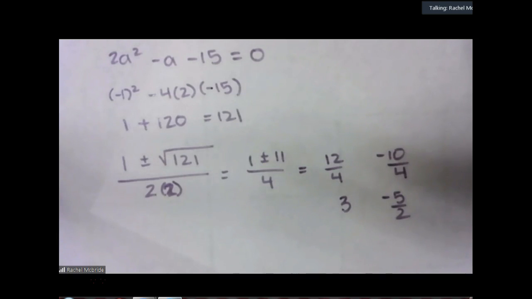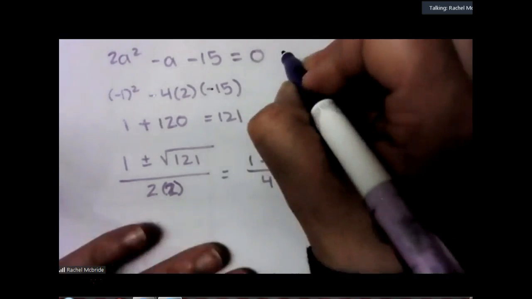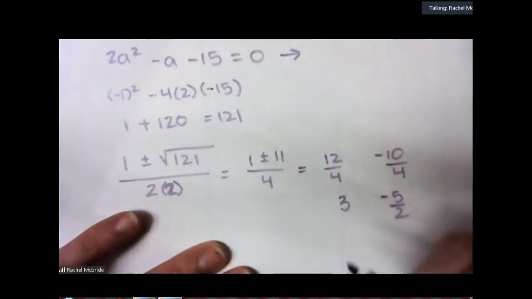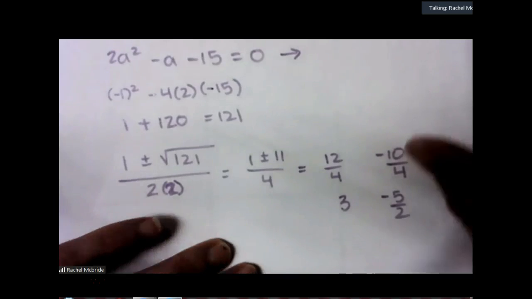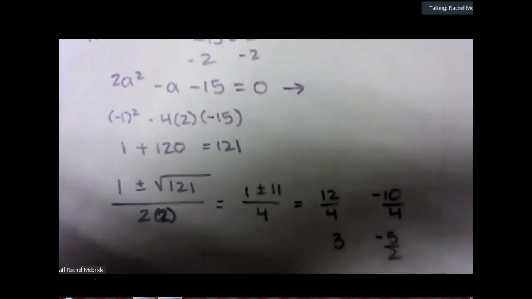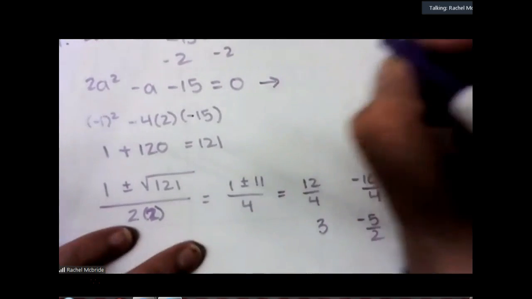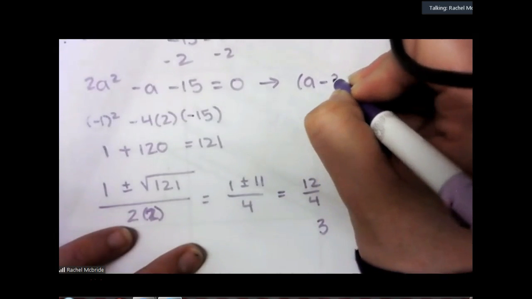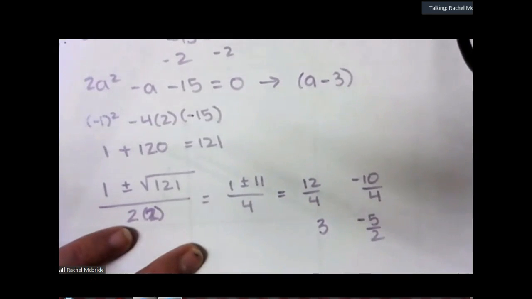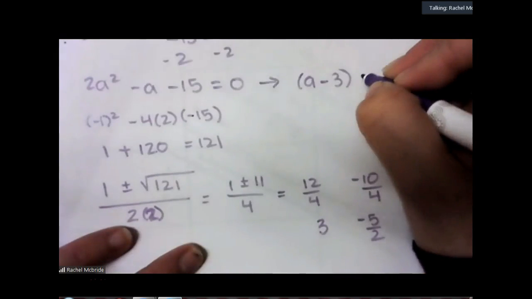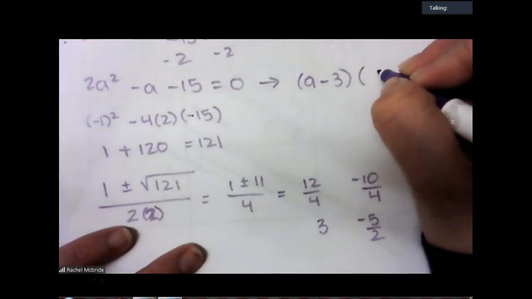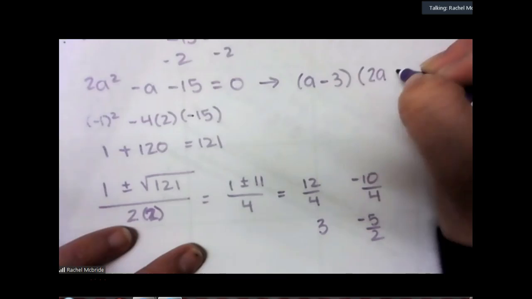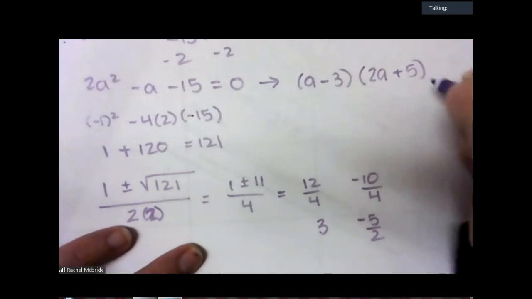So if you had noticed that 2a squared minus a minus 15, even though it's not really a part of the units we're reviewing for, was factorable, way up here, if you had wanted, you could have said, okay, that factors as a minus 3 and 2a plus 5.